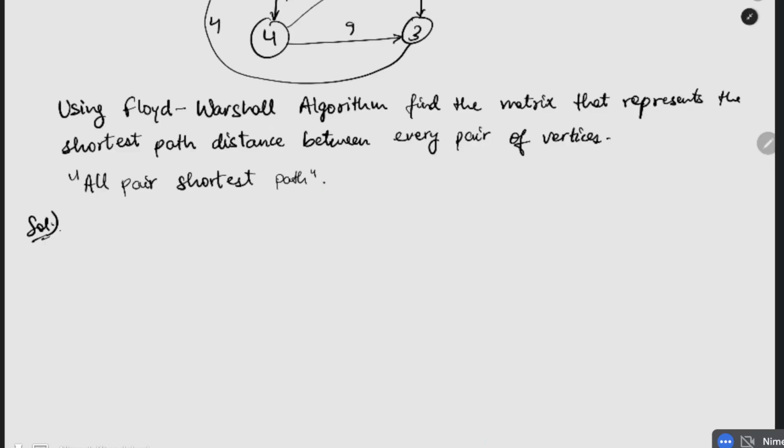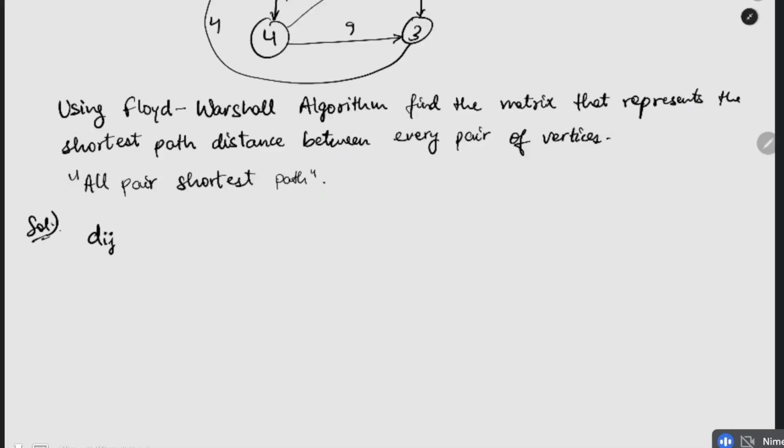What we essentially do in Floyd-Warshall's algorithm is we again maintain, instead of an array, a matrix for the shortest distance dij between any two vertices.